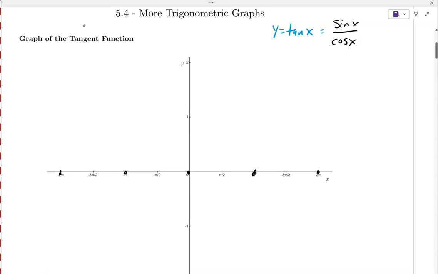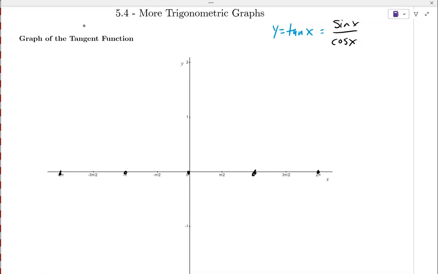All the multiples of pi. So where the sine crosses the x-axis, the tangent must also cross the x-axis, because where the sine is 0, the tangent is 0. And so all I did here was just label x-intercepts to start with. And again, that's because where the sine is equal to 0, the tangent must also be equal to 0.